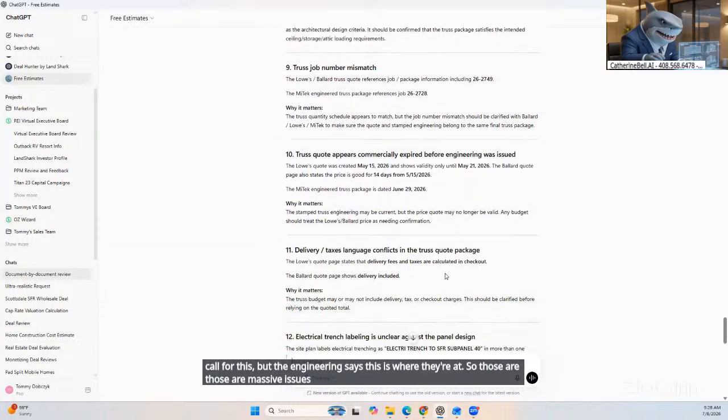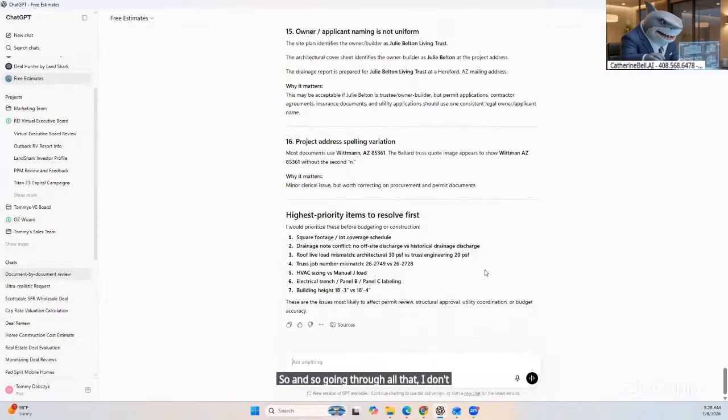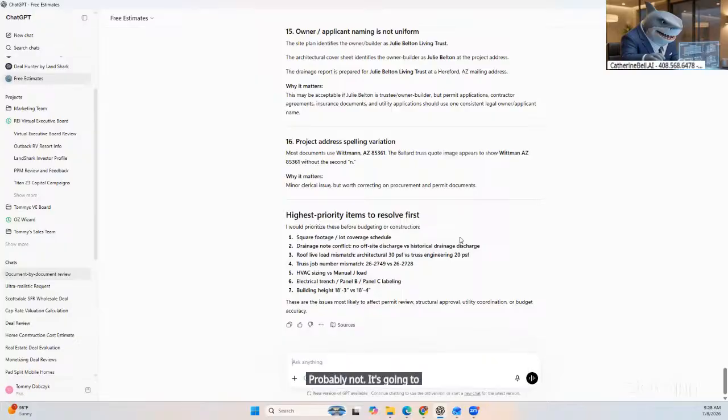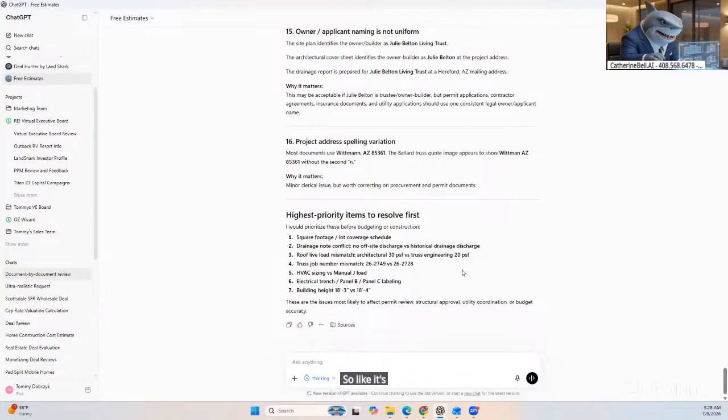So going through all that, I don't know. Will free estimates give me a price on it? No, probably not. It's going to be like, maybe there's too many issues. So that's where I got to go through. Oh, that's funny. Look, it picked out the project address misspelling. Most documents have two ends where on one of them it shows only one. So it's getting nitpicky.